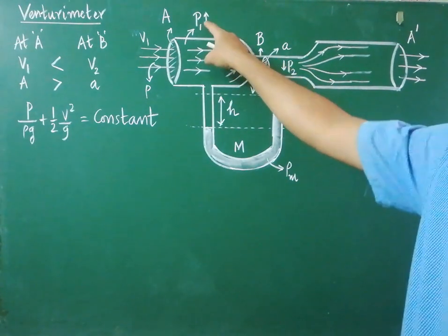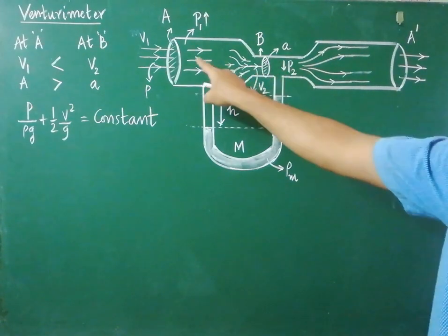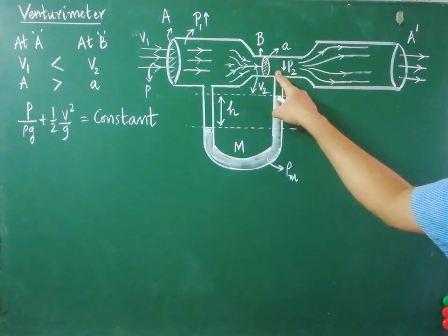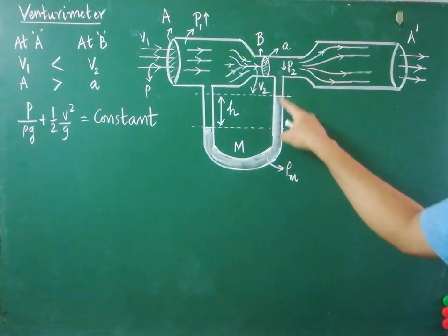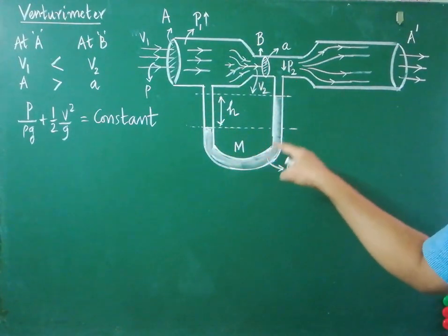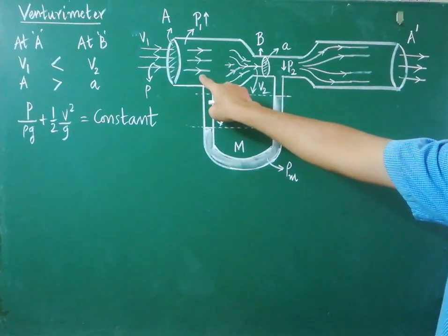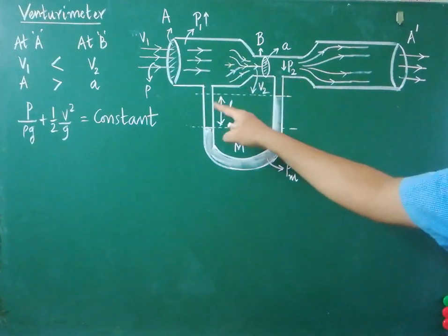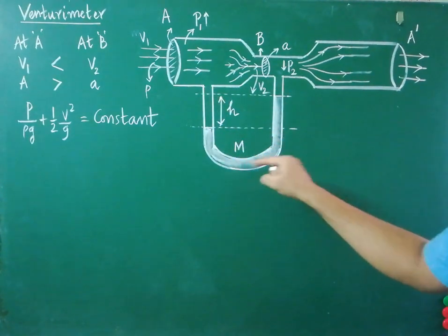The difference in pressure is called delta P. The difference in pressure can be measured by a device called a manometer. The wider end and the narrower end are connected by a U-tube shaped manometer.